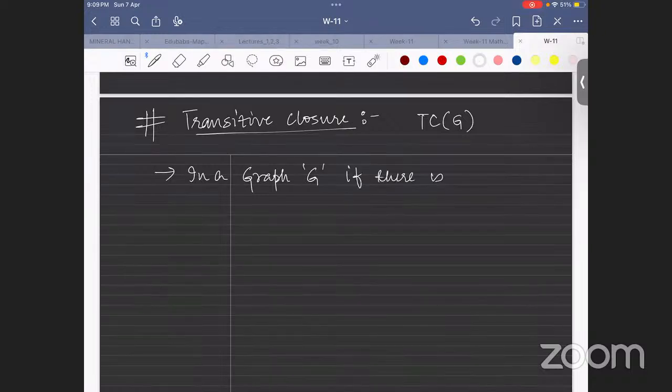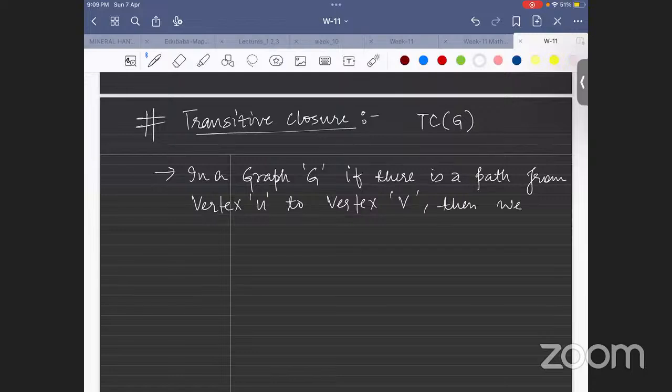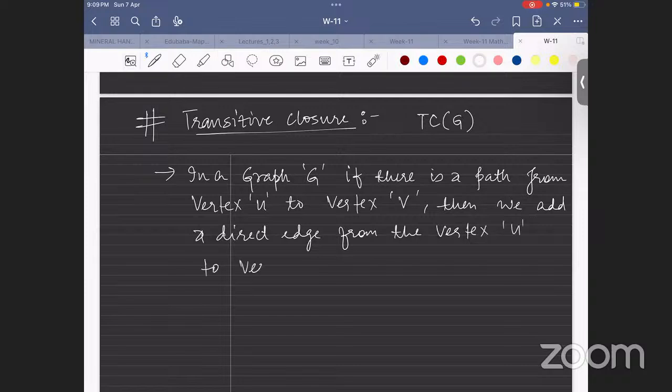In a graph G, if there is any path from vertex U to any other vertex V in graph G, then we'll add in the transitive closure graph, whatever we have plotted, a direct edge from the vertex U to vertex V, for all such U and V belonging to the original vertices.